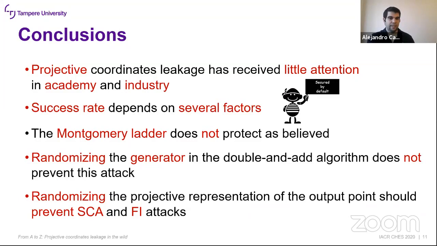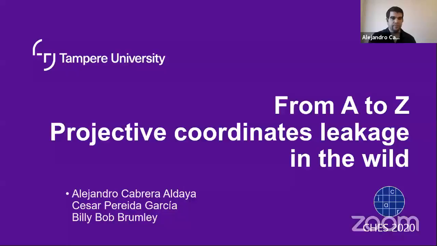The Montgomery ladder does not protect as believed before, and neither does randomizing the generator in the double-and-add algorithm prevent the attack. We recommend, as part of this research, randomizing the projective representation of the output point, because it should prevent both side-channel attacks and fault injection attacks. Thank you very much.